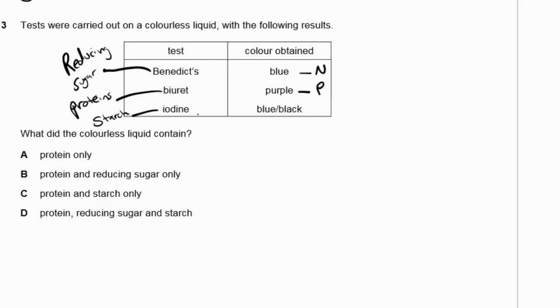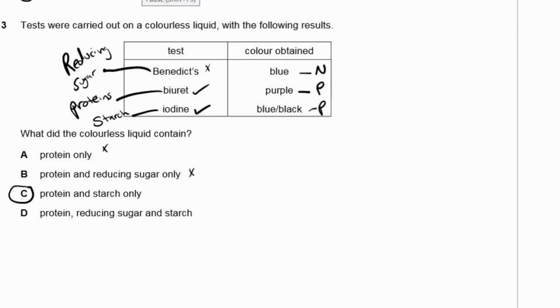And iodine, blue-black, it's not yellow, which it starts off to be, so that's also positive. So this solution has proteins and starch. It does not have reducing sugar. Protein only, no. Protein and reducing sugar, doesn't have reducing sugar. Protein and starch, yes. That is the answer. Protein, reducing sugar, and starch, no reducing sugar.